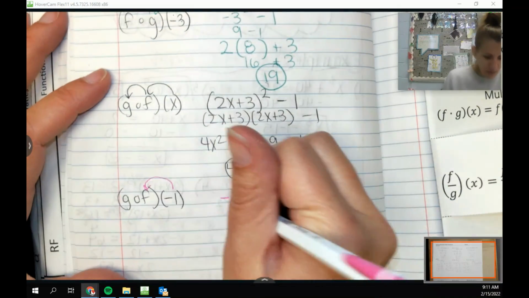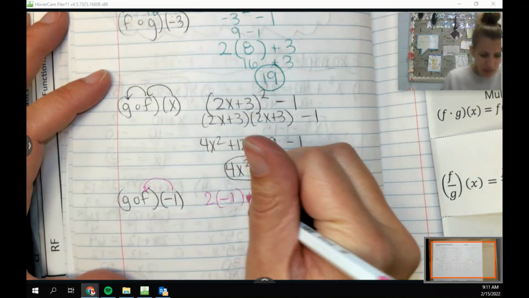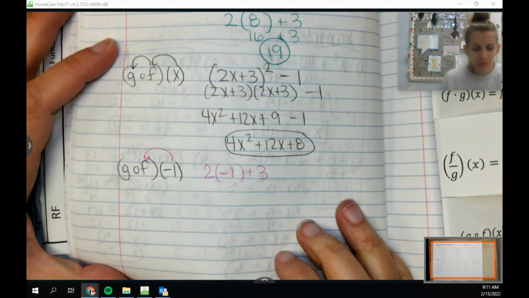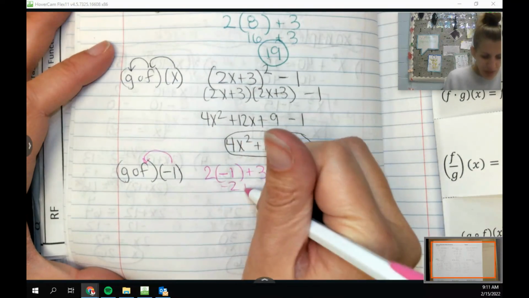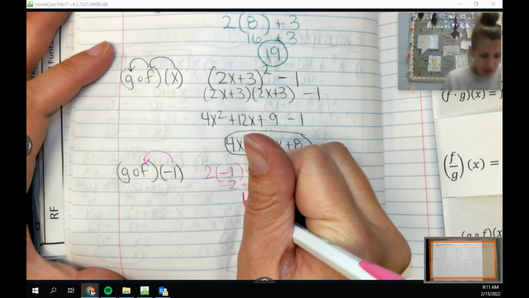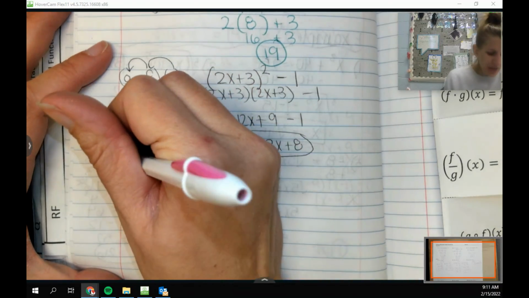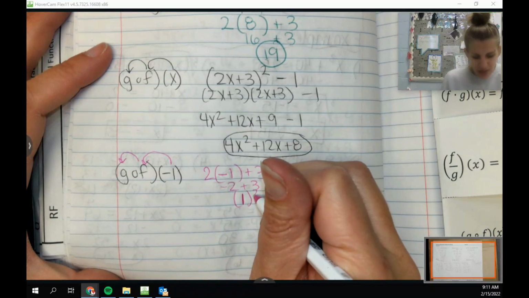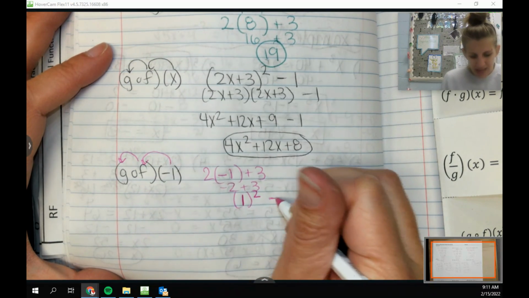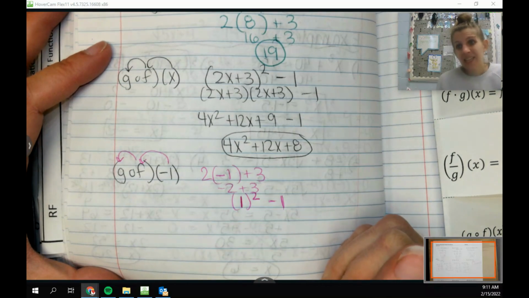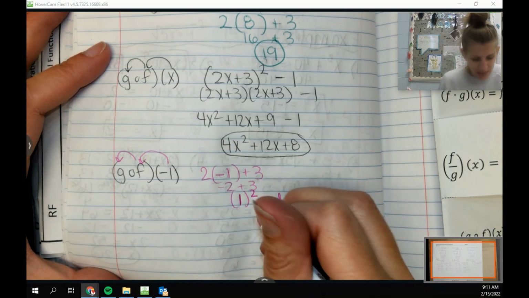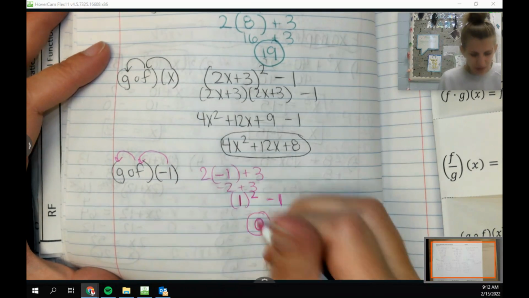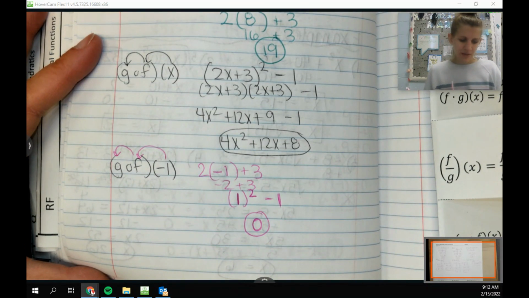So we're going to do -1 times 2 plus 3, which is going to be -2 plus 3, so 1. And then that goes into g. And what the g function does is it squares things and then subtracts 1. So 1 squared is 1, minus 1 is 0. And so overall your answer is 0.